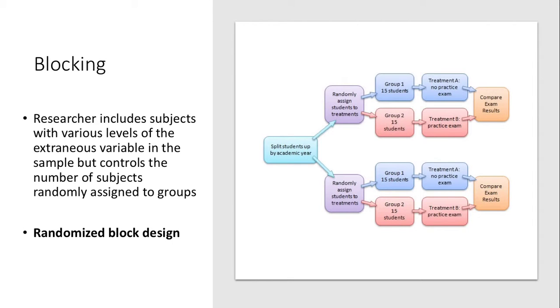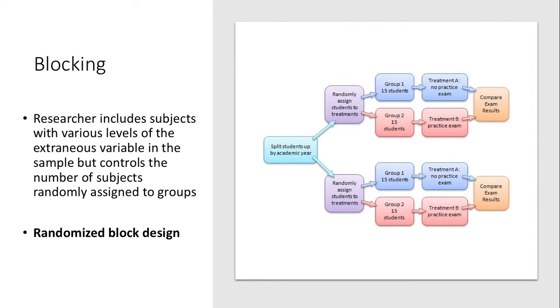So another example we were talking about earlier is blocking. This is where a researcher includes subjects with various levels of the extraneous variable in the sample, but controls the number of subjects assigned randomly to the groups. So here's an example where maybe a confounding or extraneous variable would be academic year of the students.